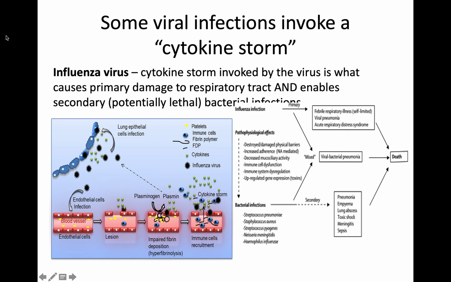I'm not going to go into great depth with it, but how that works is you're infected initially by that virus. So some of the responses may be a respiratory illness, but that is usually cleared out from the host. You may get complications of pneumonia or acute respiratory distress syndrome.